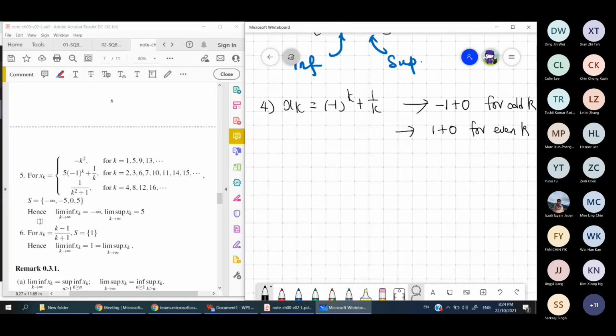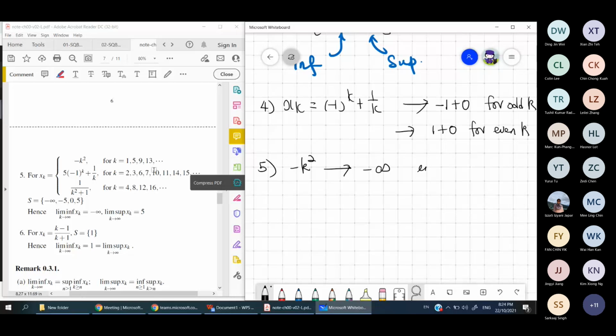Okay, so maybe this is a more interesting one, number 5. So we have 3 different expressions, with different values here. So the first one, -k². This one always tends to -infinity, because this is all odd, right?